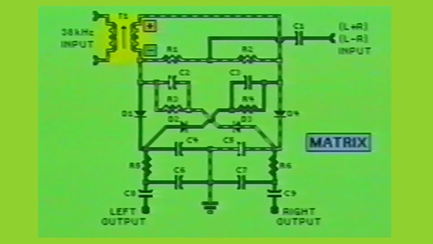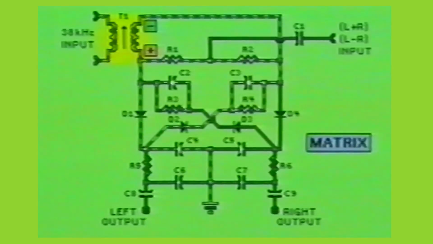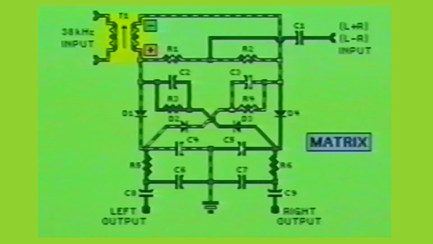During the second half cycle of the 38 kHz signal, the top of the secondary of T1 will become negative and the bottom positive. Current will flow from the top portion of the coil into the C3R4 junction through diodes D2 and D1 and back to the bottom of the secondary of T1.